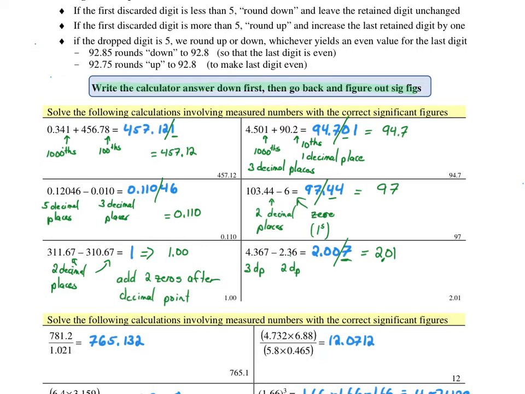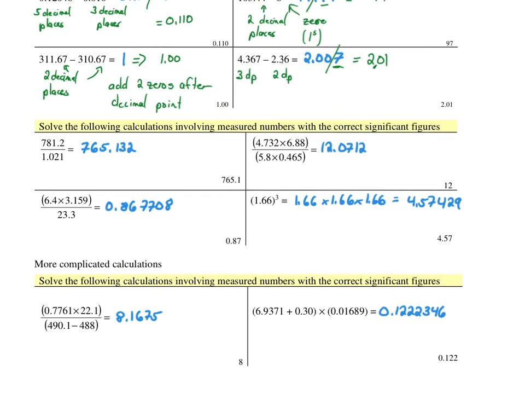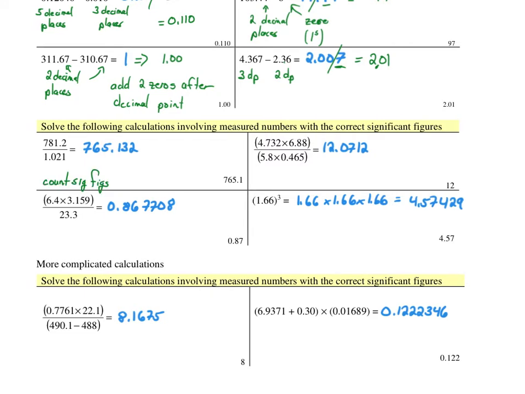The next set of questions are multiplication and division, in which case you count the number of sig figs. The number that has the least number of sig figs is going to be your worst measurement, and that's how many sig figs you can justify in your answer.